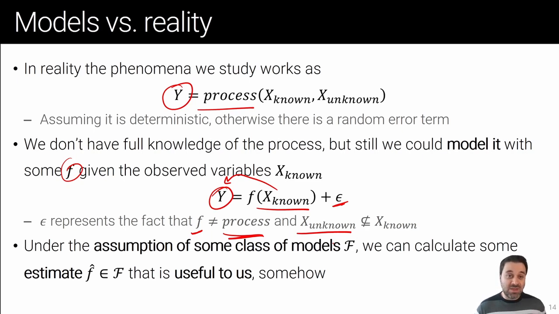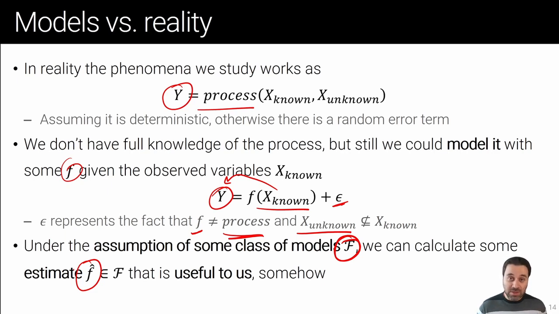Everything is under the assumption of some class of models, capital F. So we calculate some estimated model, so some f hat, from the family that is somehow useful for us.